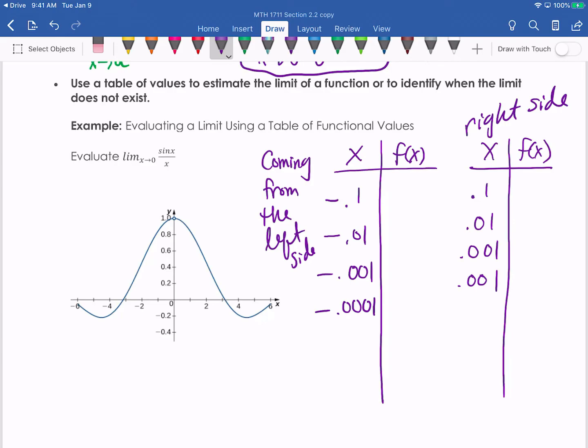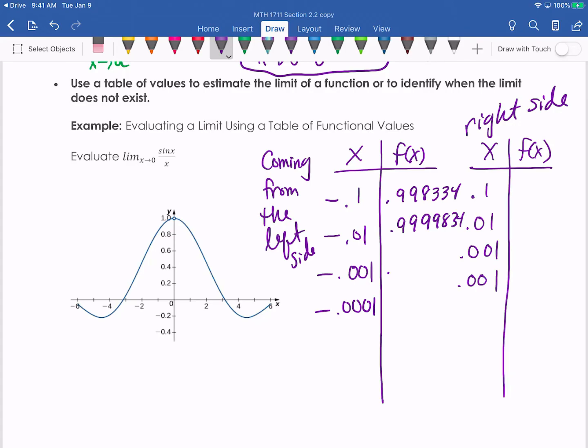Now I can use my table function on the calculator, or I can just plug in by hand. I want to find my corresponding function values for each of the x values. When I plug in negative 0.1 into this function, I'm going to get 0.998334. Then I'm going to get 0.999983.